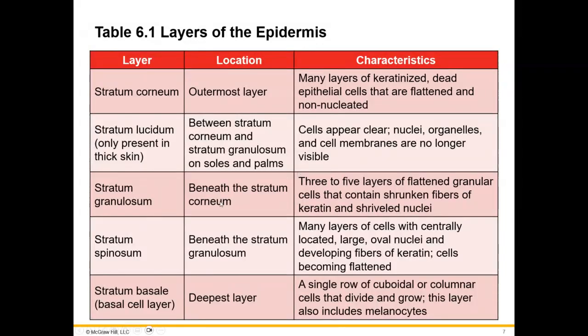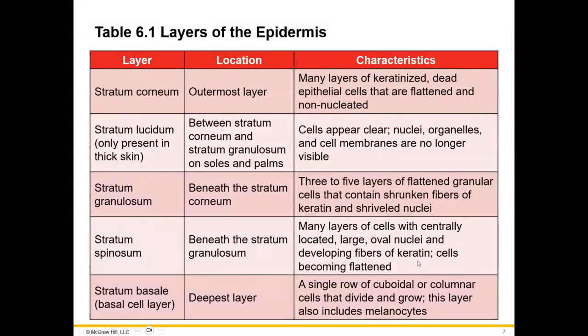Okay, then the stratum granulosum, which is beneath the stratum corneum, usually in most of your skin. There are 3 to 5 layers of flattened granular cells. They have shrunken fibers of keratin and shriveled nuclei. Then we move down to the stratum spinosum, beneath the stratum granulosum. It has lots of layers of cells that have centrally located large oval nuclei and developing fibers of keratin.